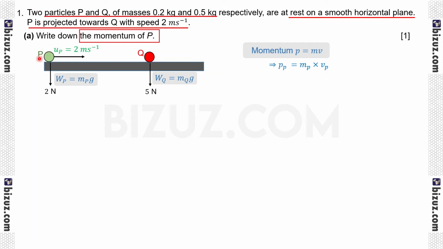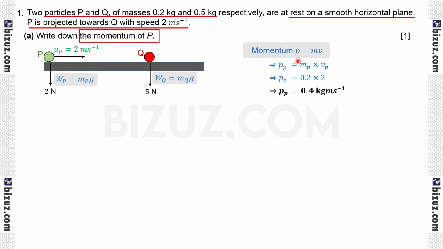Therefore the momentum of P, pp, equals mass of P into velocity of P. So the mass of P is 0.2 kg and the velocity of P is 2 meter per second. So pp equals 0.2 into 2, which is 0.4. Now its unit is kg meter per second because to find the momentum we multiply mass with velocity.